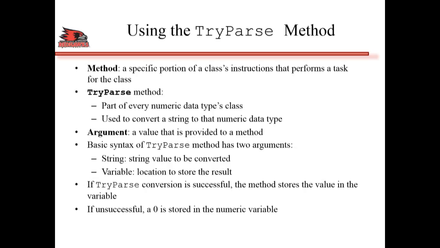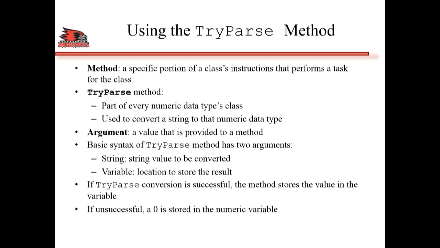It needs arguments. So the TryParse method is followed by open parentheses with some variables given in them. We see the syntax in the next slide, having a string and the variable we want to convert to.